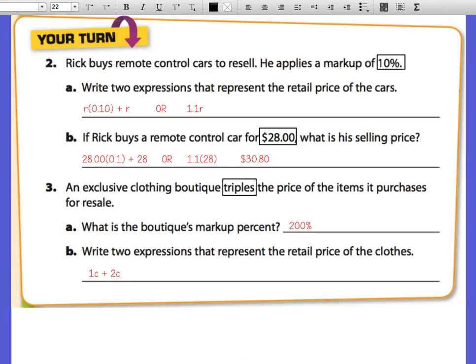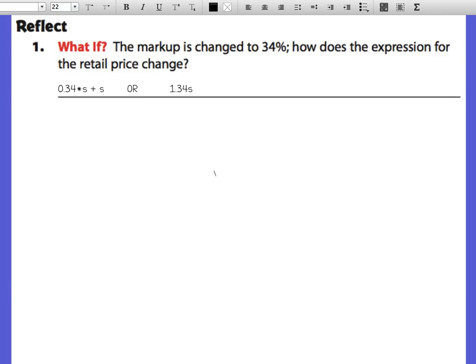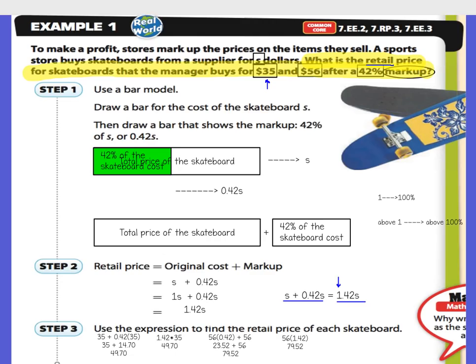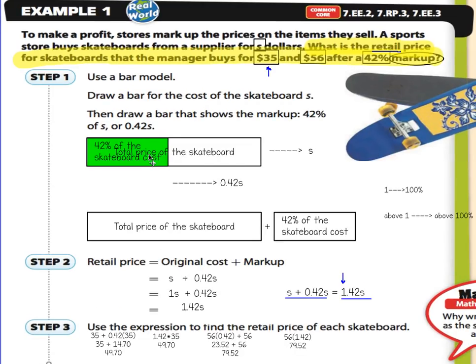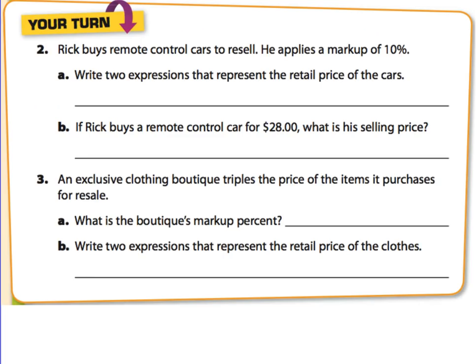Okay, if you go back and take that logic with the markup, not only are you paying 100%, you're paying 100% and 42%, so you're paying 142% of the price. So that makes sense that this is 142 or 1 and 42 hundredths here because as a percent, it's 142%. Again, just another way to look at it.